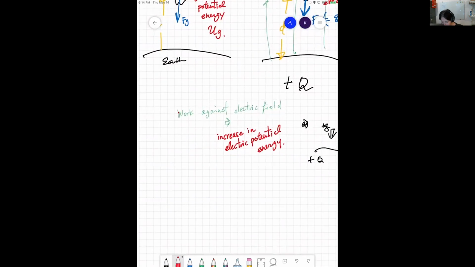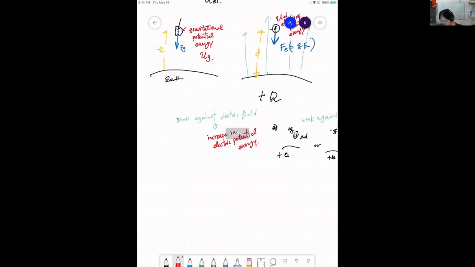So if you do it along with the electric force, then you have a decrease in electric potential energy, right?